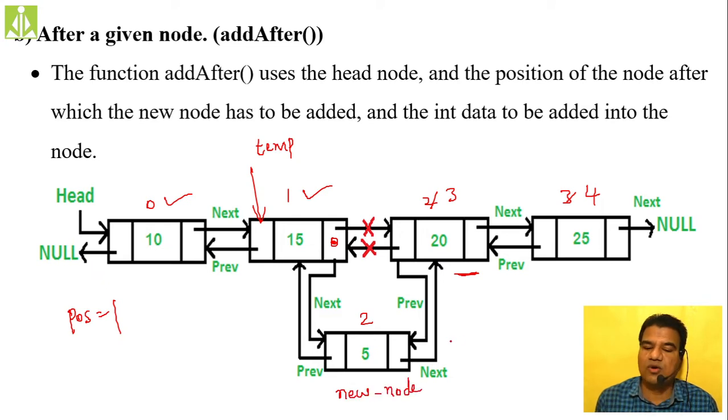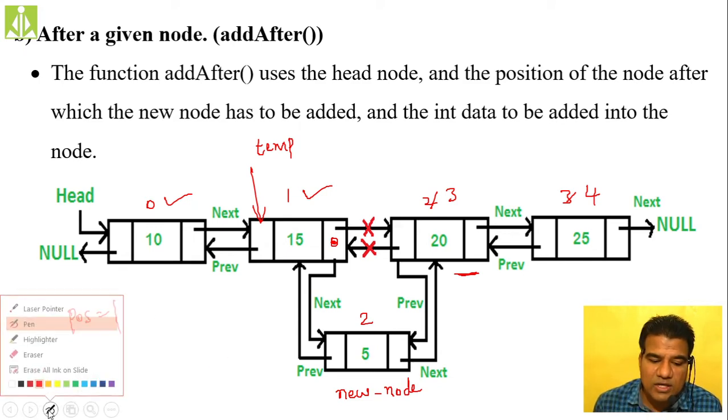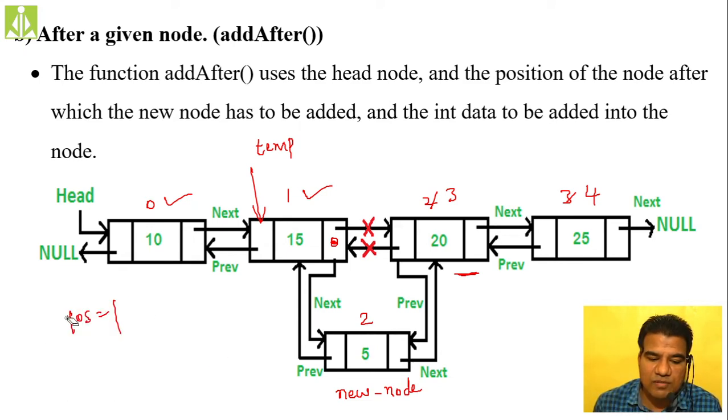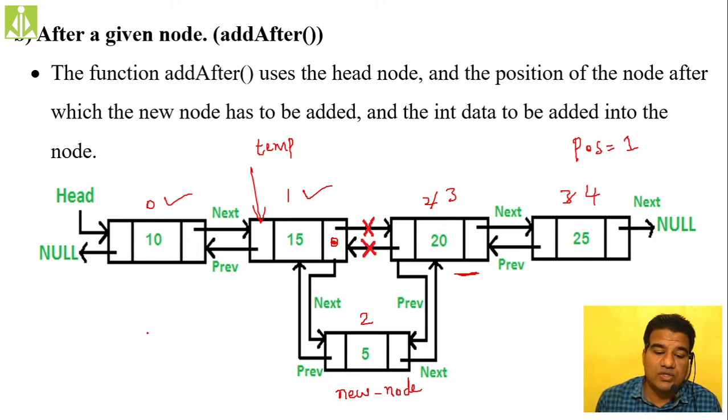So quickly see the code, what code we have to write over here. Let me just delete this position from here and put that position for our understanding. I'm writing the position value over here, position as 1. Now what code we have to write, this is my newly created node. We have to run the temporary pointer till that position.